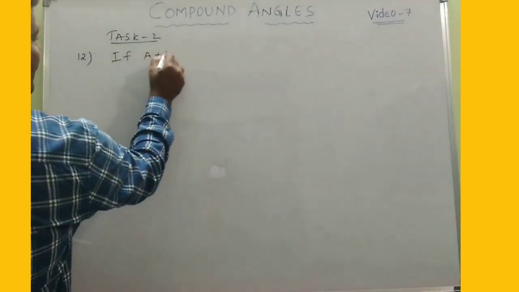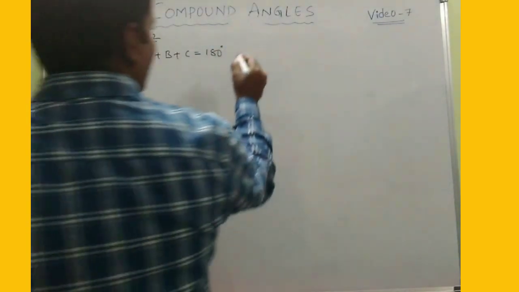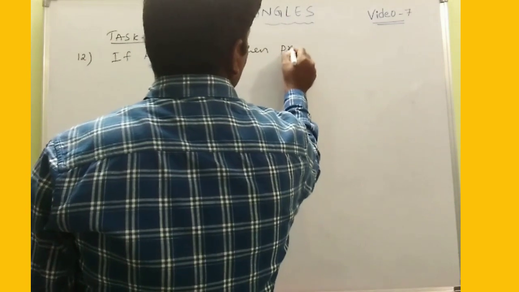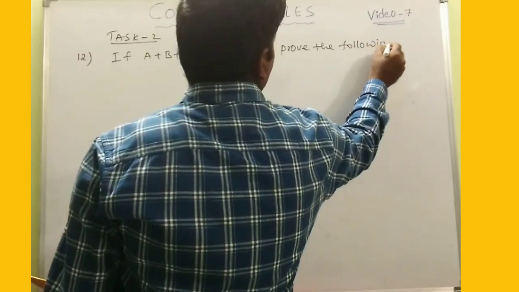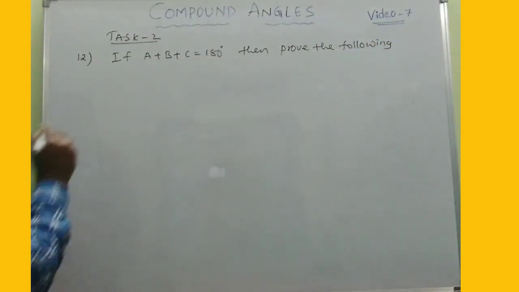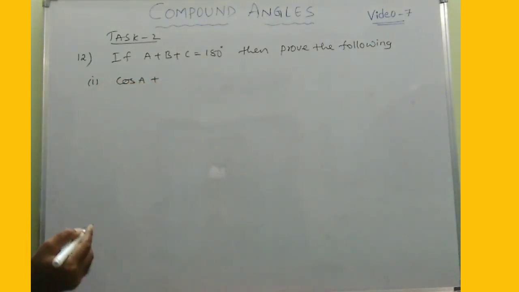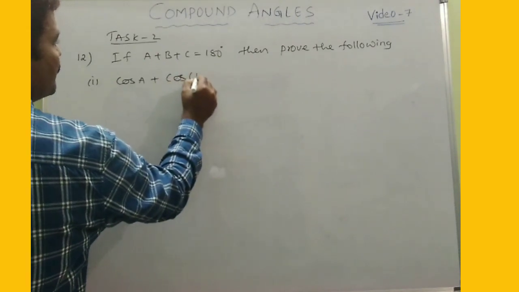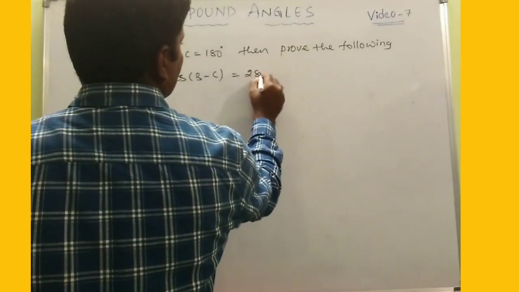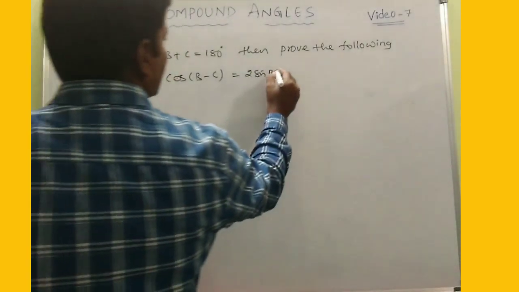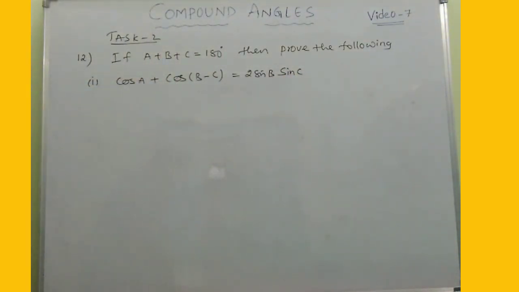If A plus B plus C is equal to 180 degrees, then prove the following. The first one we need to prove is cos A plus cos of (B minus C) is equal to 2 sin B into sin C. Okay.